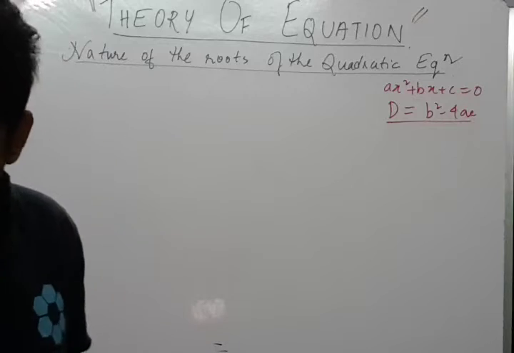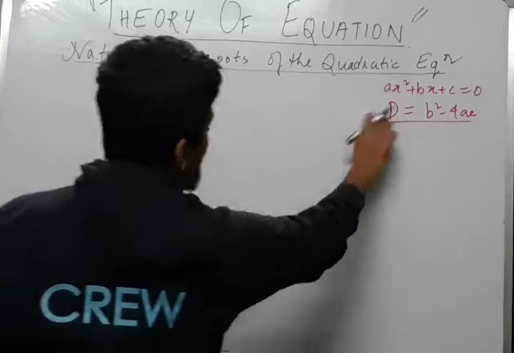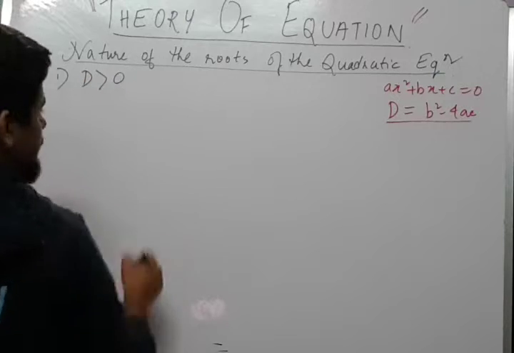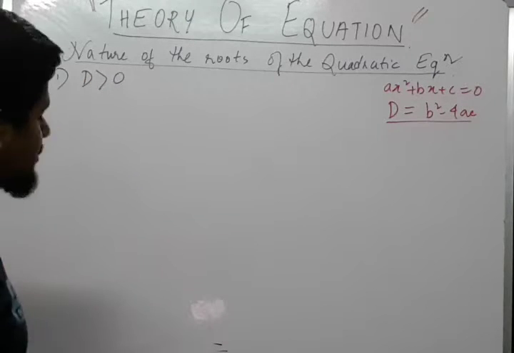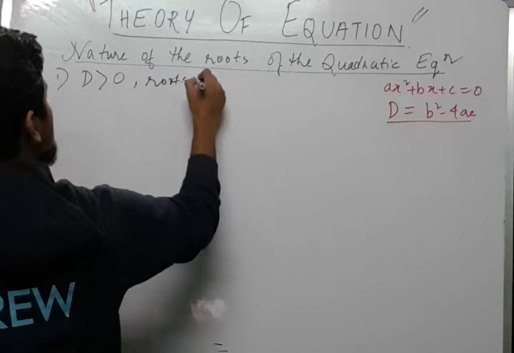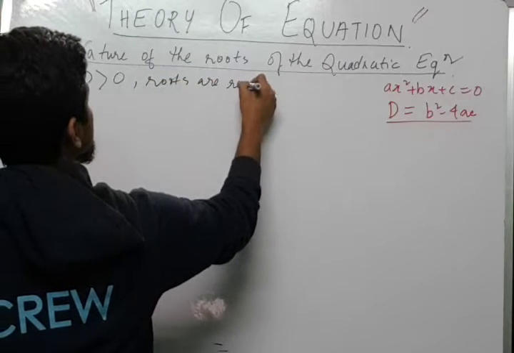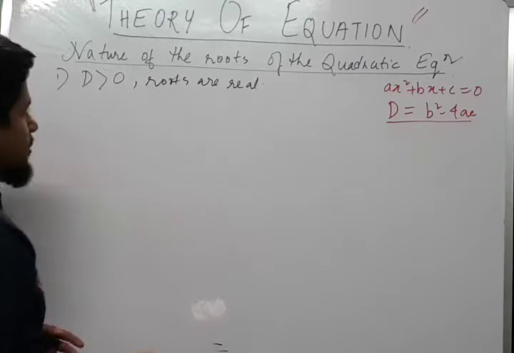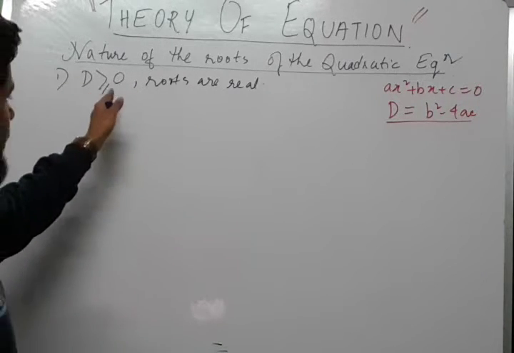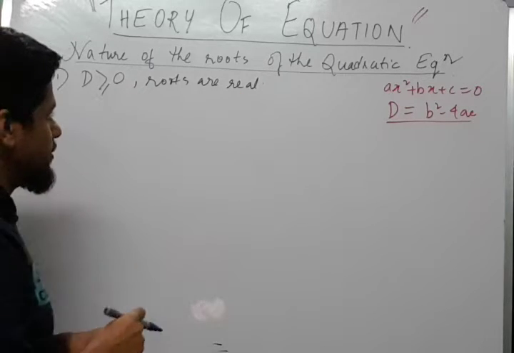Now, depending upon the value of D, if D is greater than 0, that implies that the roots are real. Basically, roots can be real if D is greater than or equal to 0. In that case, roots are real.